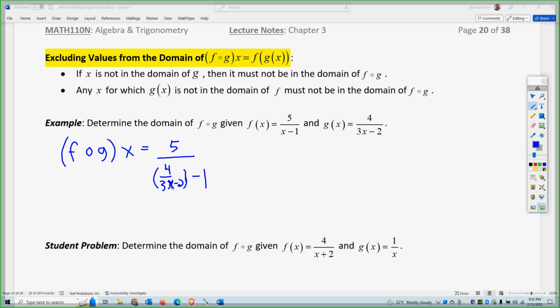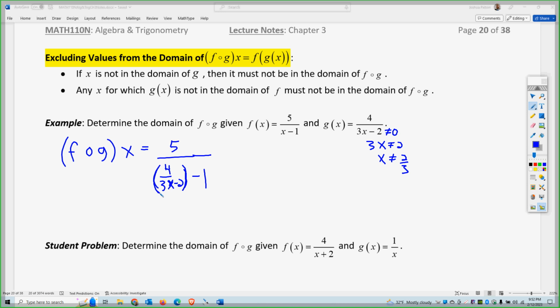So one thing to keep in mind is this denominator cannot be 0, right? So 3x cannot equal 2, or x cannot equal 2/3. So that is one restriction that we have. The other restriction is this denominator over here, which can also not equal 0, because again, you can't divide by 0.